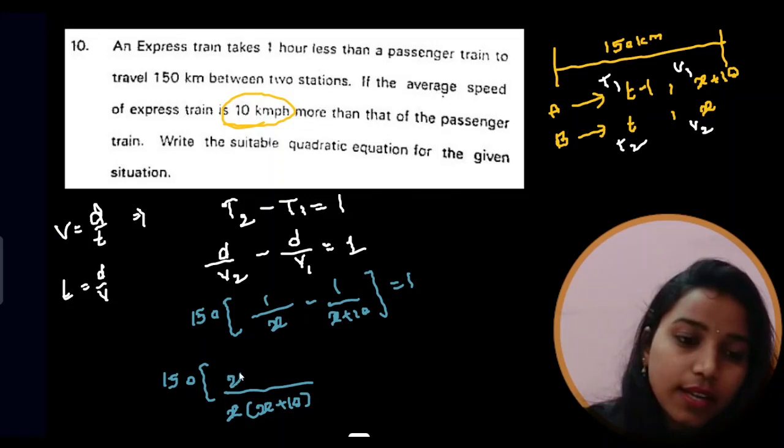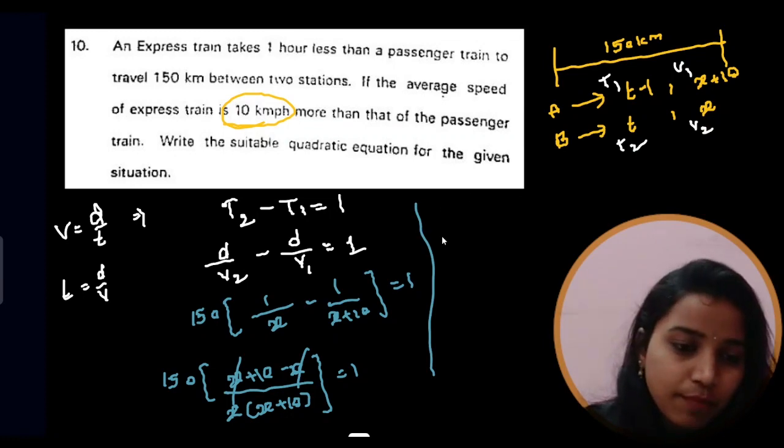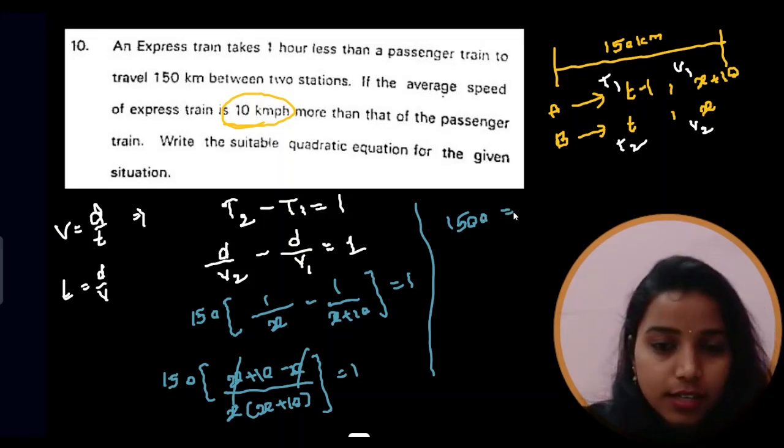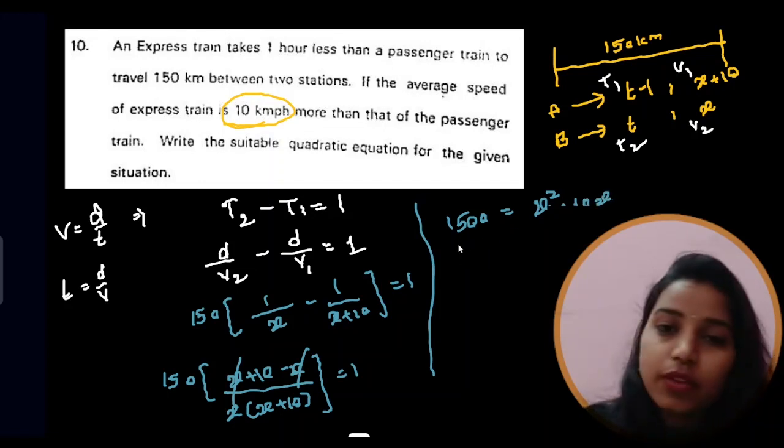And in the numerator, x plus 10 minus x, so plus x minus x gets cancelled. The remaining term is simply 150 into 10, 1500, is equal to, taking the denominator to the RHS, x square plus 10x, because I have multiplied the term with x.